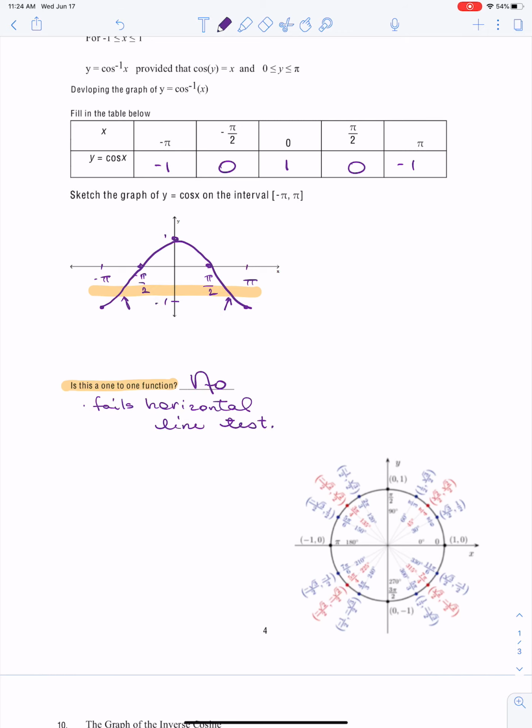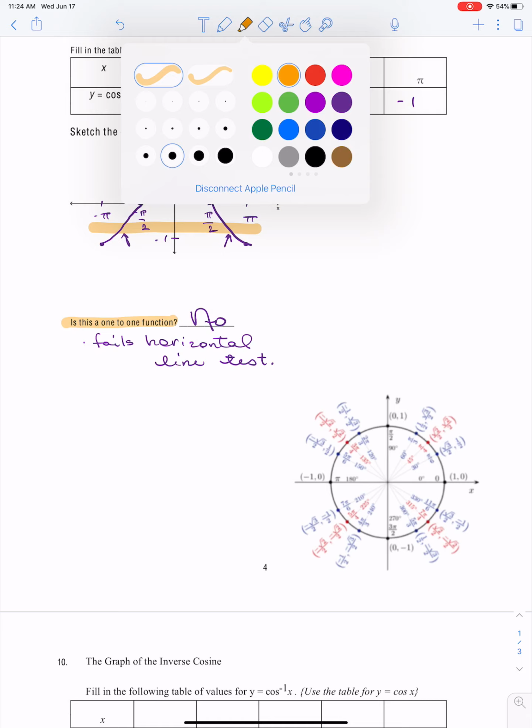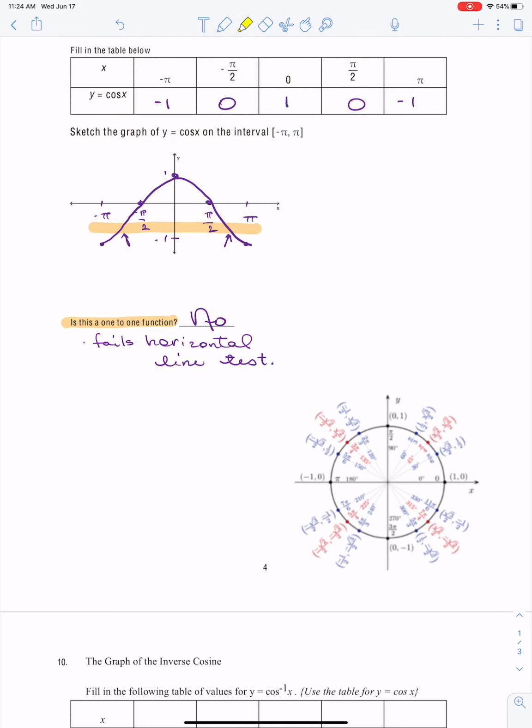Okay, so there is one thing I want to point out as long as I've got this unit circle down here at the bottom. Okay, so our cosine, let's take a look at how this works. If I take a look at these top two quadrants, in quadrant 1, cosine is positive.